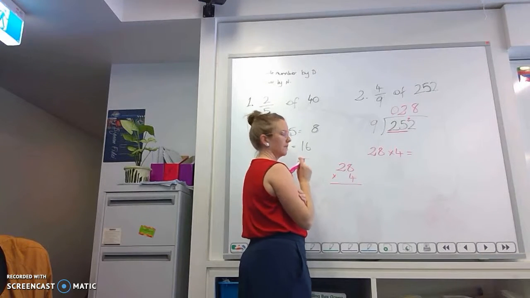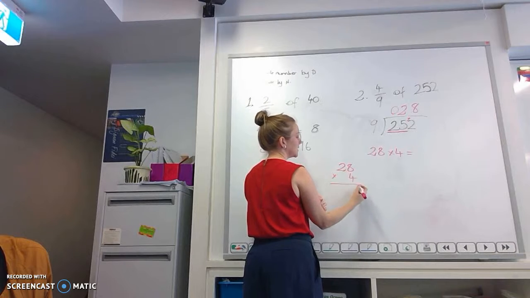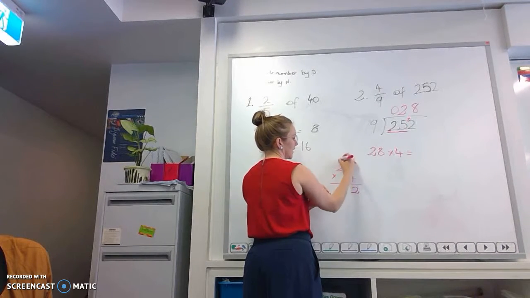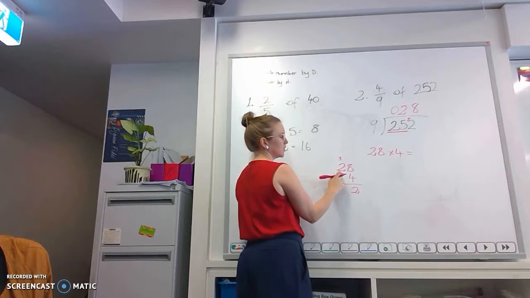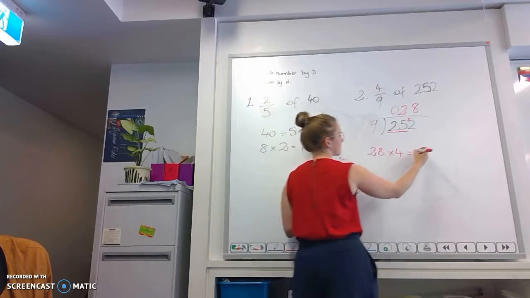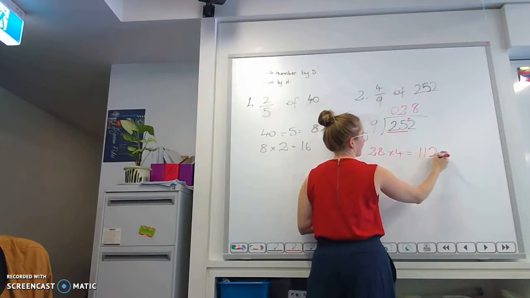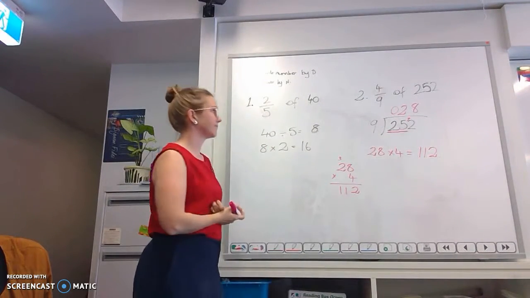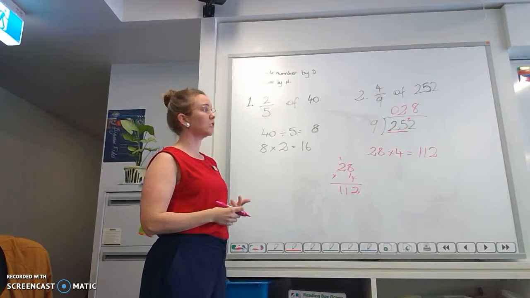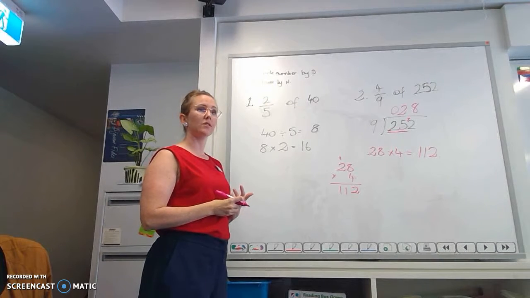You okay? Cool. Okay, 4 times 8 is 32, so I put my 2 down and I carry my 3. 4 times 2 is 8 plus 3, 11. Okay, that's my answer. 4 nights of 252 is 112. Does it look about the right size?